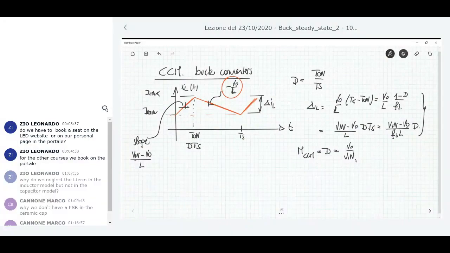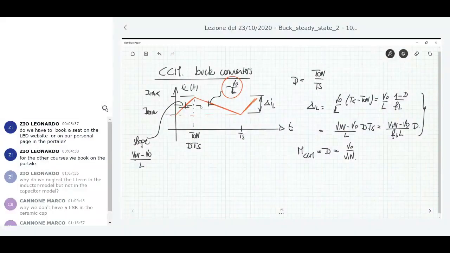So this is what we got last time. This is the situation that occurs anytime the buck converter is operated in continuous conduction mode.